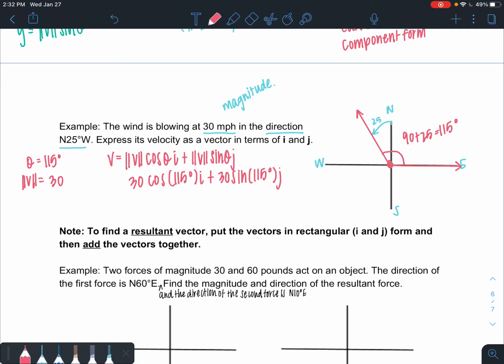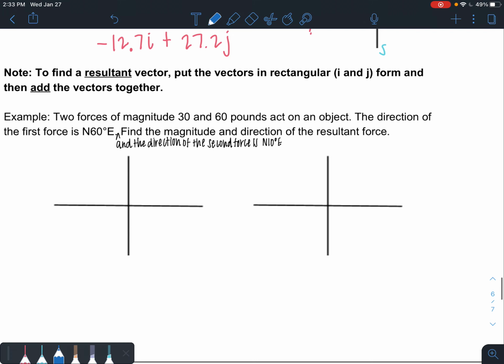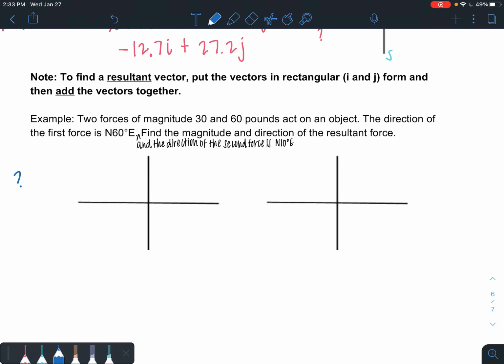When we plug 30 cosine of 115 into our calculator, we get negative 12.7 i plus 27.2 j. Go ahead and pause and make sure you get that. Also make sure your calculator is in degrees for this problem. Then try this problem on your own, and we'll go over it together at a later time.